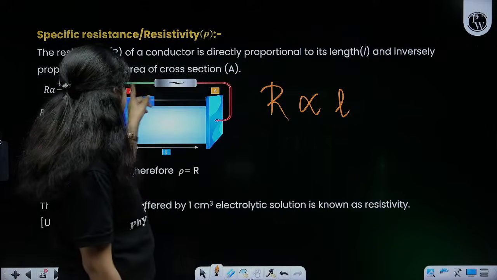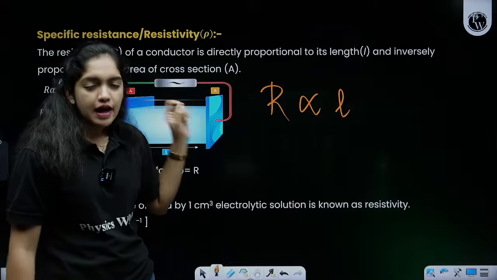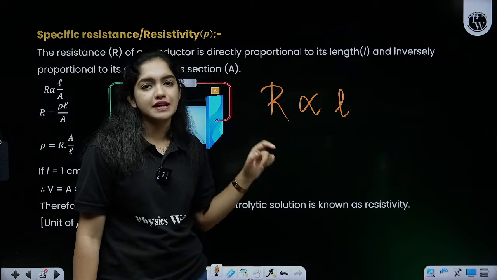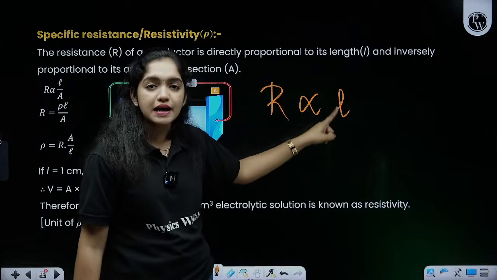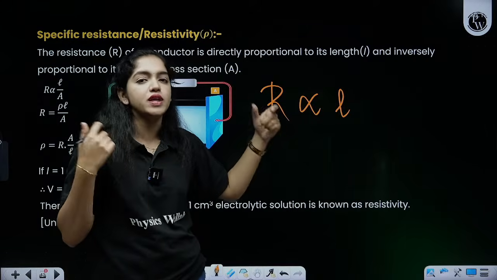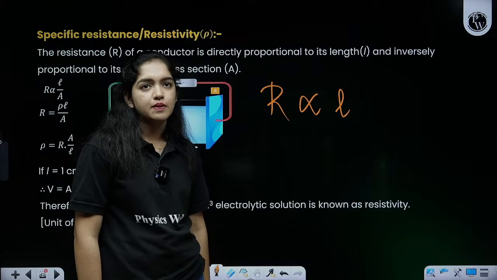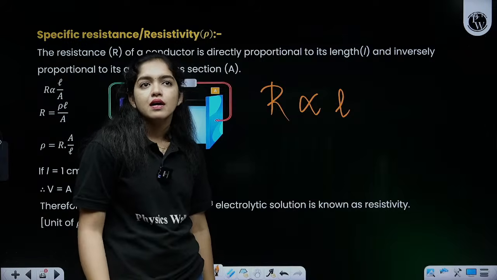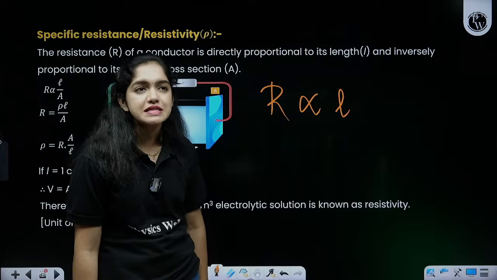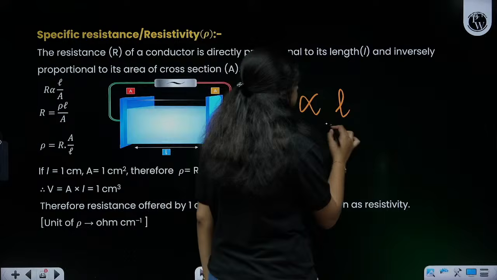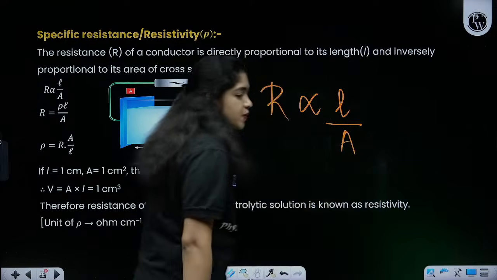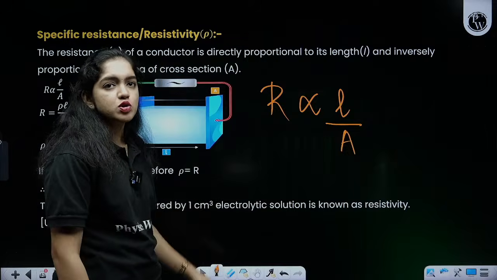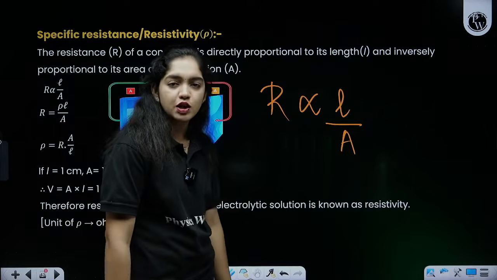For example, in a wire, according to the length of the wire the resistance increases, and according to the area the resistance decreases. Now we want to remove the proportionality, so we introduce a constant.